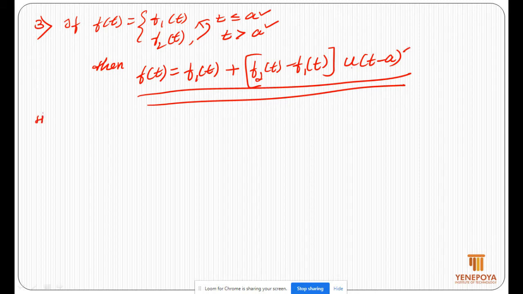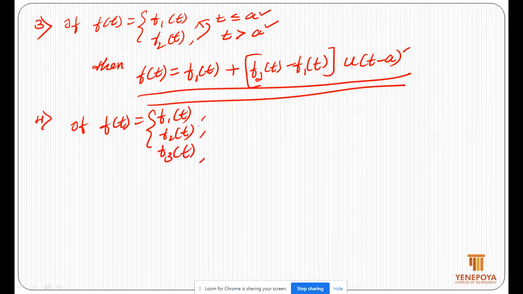Similarly, the fourth property: f of t in terms of three functions f1, f2 and f3 respectively in the intervals t less than or equal to a, t greater than a and t less than or equal to b, and t greater than b.